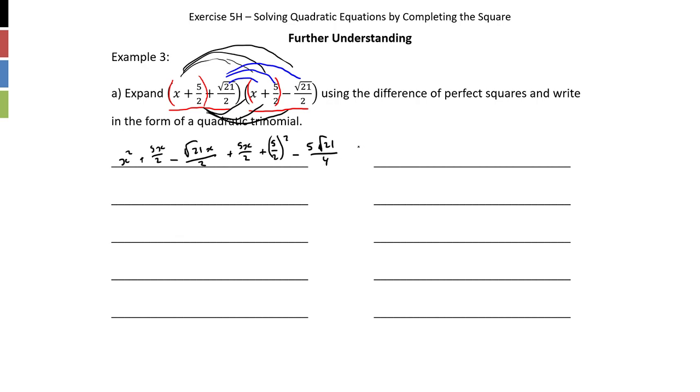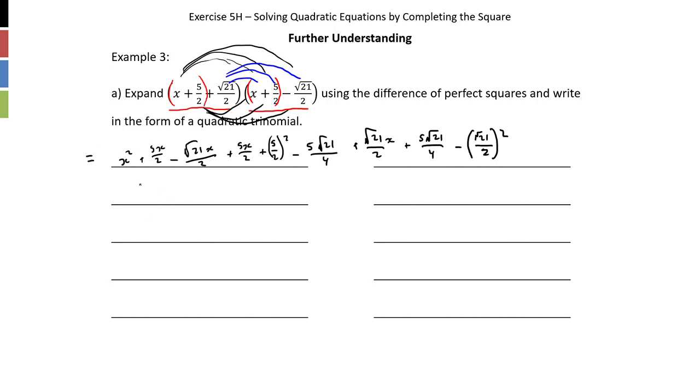We need some more space here. Plus root 21 x on 2, plus 5 root 21 on 4, minus root 21 on 2 squared. Okay, that is it expanded.